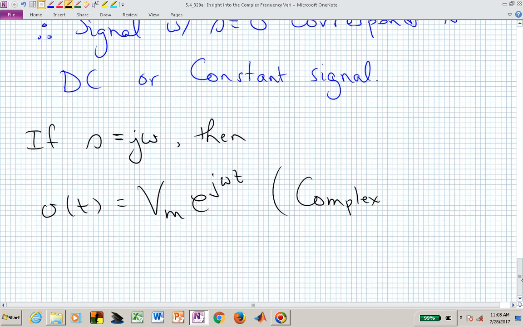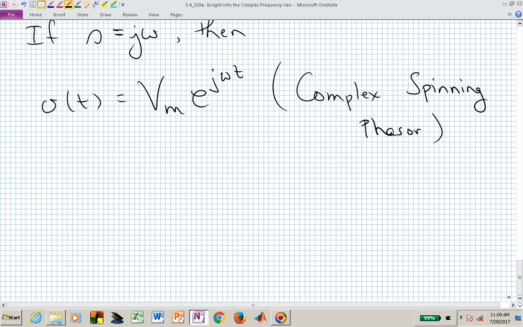So now we have this complex spinning phasor. We now have a magnitude of v sub m, so it's a little bigger or a little less depending on what v sub m is, but it's still this phasor that's spinning around in the complex plane. And in general, it's complex because it could be anywhere in that two-dimensional space. Depending on what t is, it will then put it at a particular point in the complex plane.